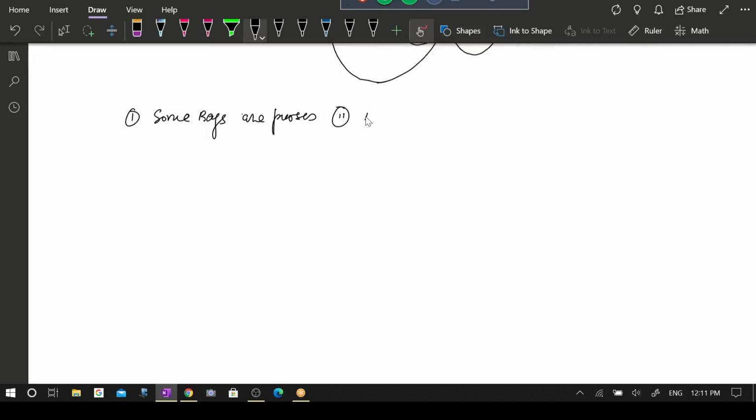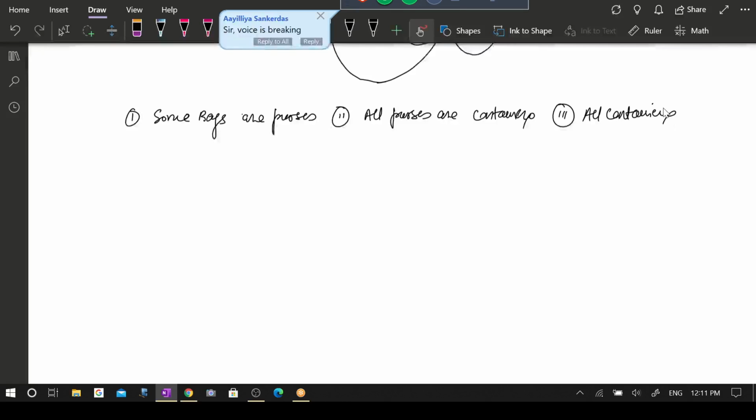Statement 2: all purses are containers. Statement 3: all containers are suitcases.